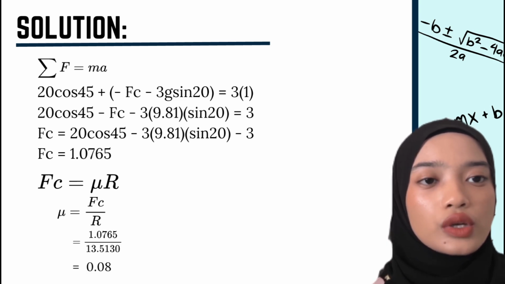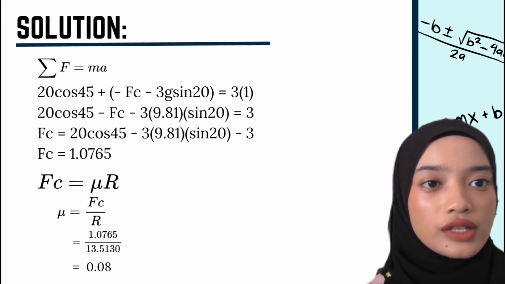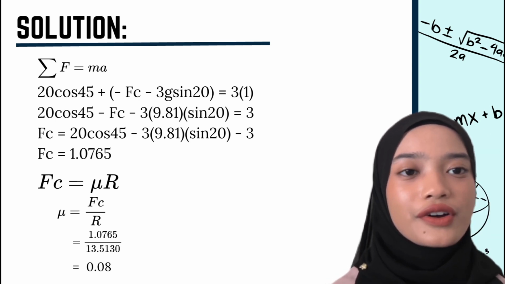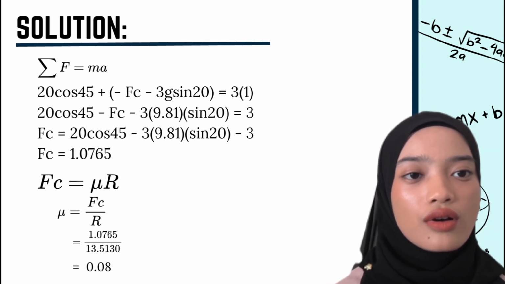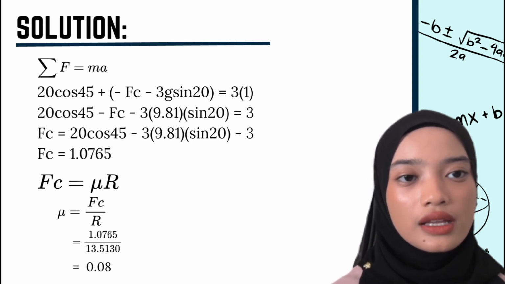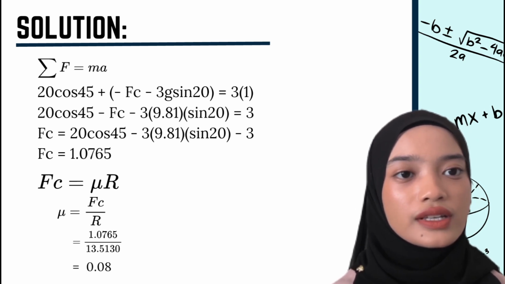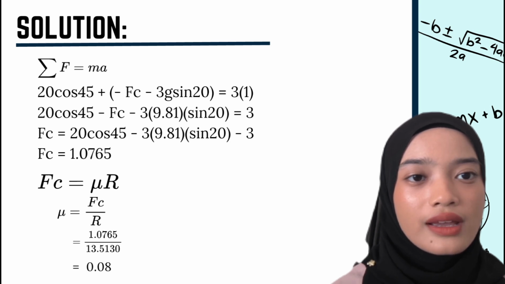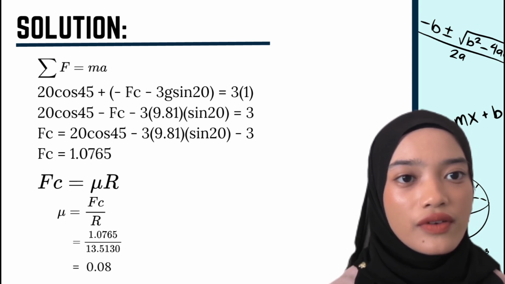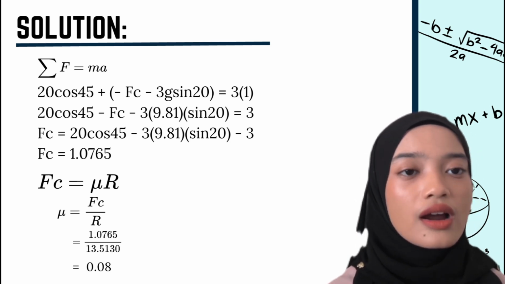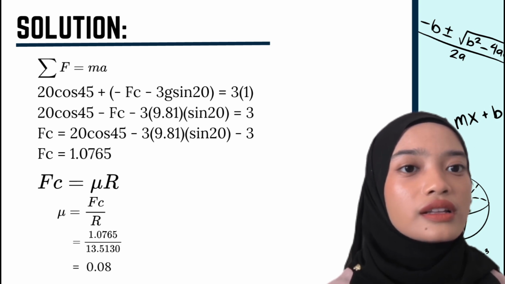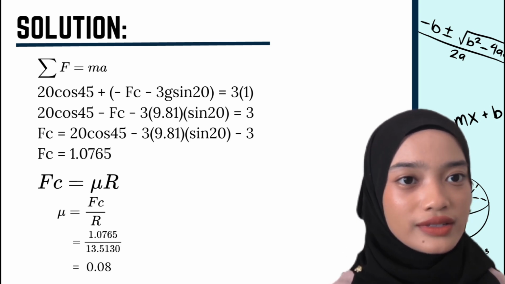total force equals mass times acceleration. The total force on the horizontal line is 20 cos 45 plus negative Fc plus negative 3g sin 20. The force Fc and the force 3g sin 20 are negative because they are in the opposite direction.